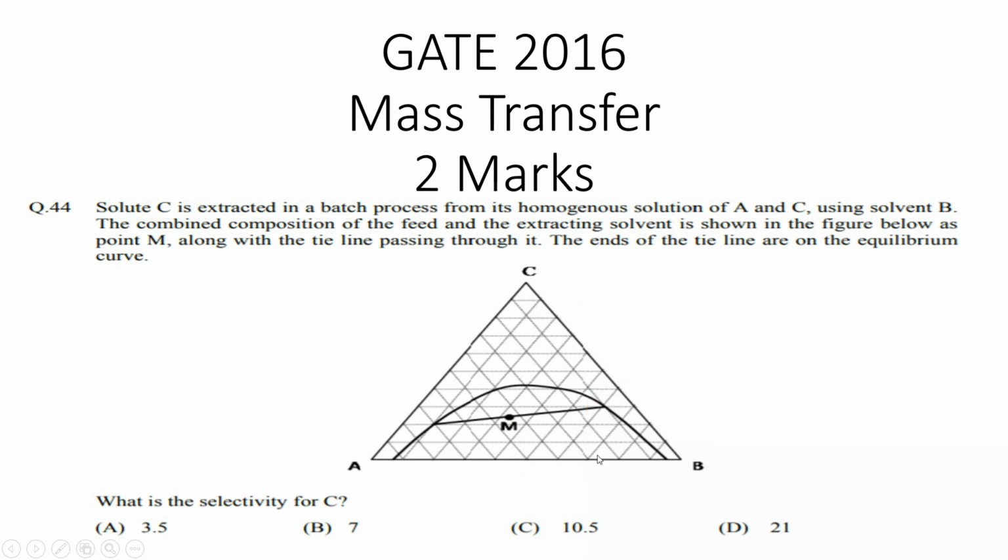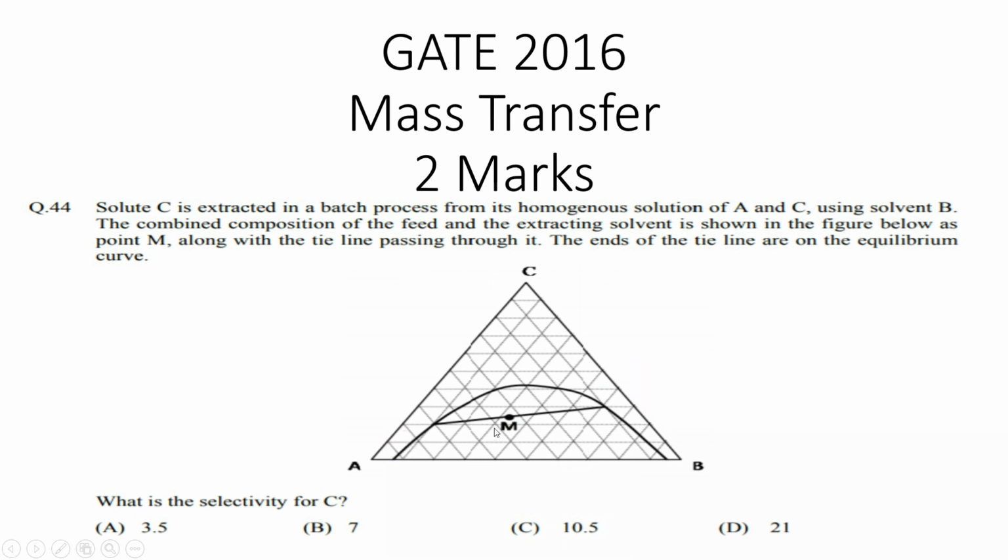We will start from here. At this line, the concentration of C will be 0, or you can say the fraction will be 0. So from this, here will be 10, here will be 20, it will be 30%. So it will be 0.3.